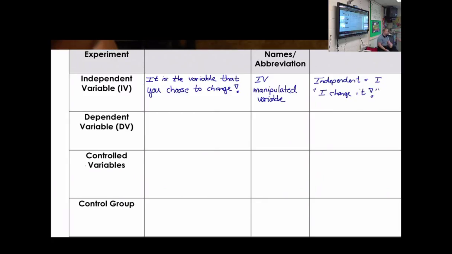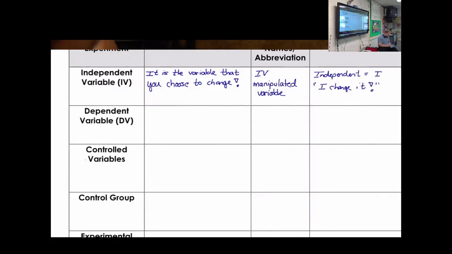What would that be? Yeah. The thing that I can't control, but I can indirectly manipulate. I'm going to get to that in just a minute. So I'm going to do this in a different color. The dependent variable. Obviously, it is something that changes in the experiment. And it has to change because it's a variable.